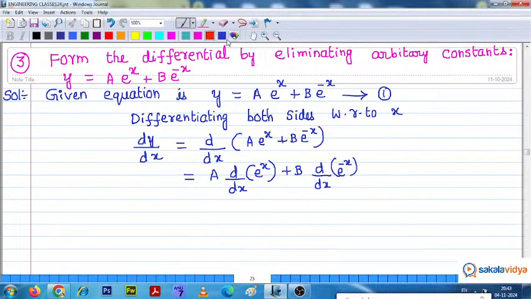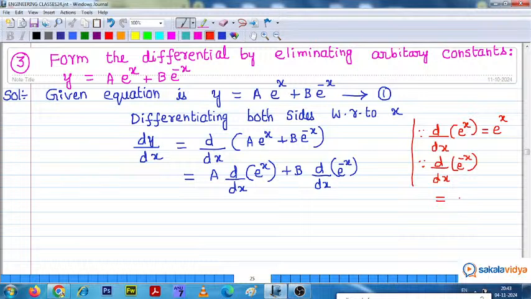So, my dear students, please remember these two formulae: d by dx of e power x is e power x, a standard result. And d by dx of e power negative x is e power negative x multiplied with the derivative of negative x, which is negative 1. So, obviously, this is negative of e power negative x. This is the derivative of e power minus x.